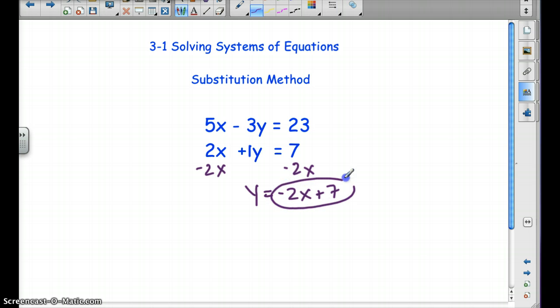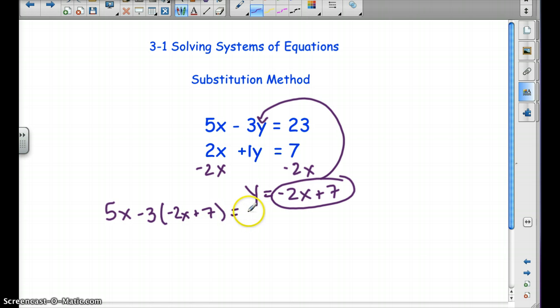This negative 2x plus 7, I'm going to plug in for this y right here. So then I have 5x minus 3 times a negative 2x plus 7 equals 23. So this way I can go ahead and solve for x.